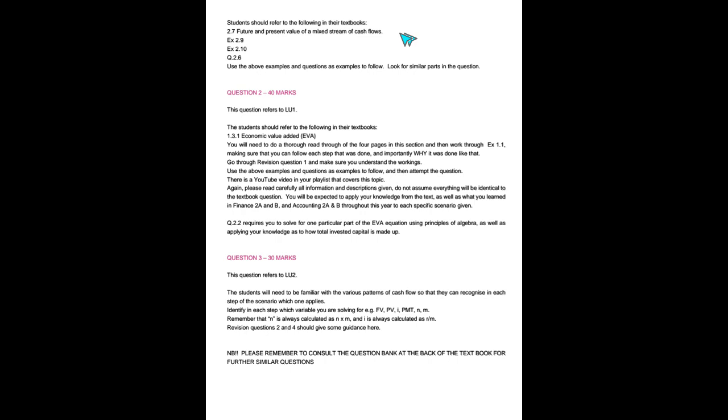So unfortunately, I am giving away a bit of the answer there. I'm not supposed to. And then if you work your way through example 2.9 and 2.10, and you go through question 2.6, make sure you could do all of those 3 questions yourself, and then you know you're ready to do question 1.1 and 1.2. Okay.